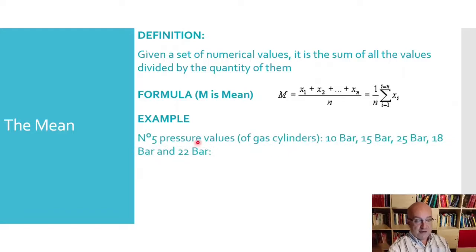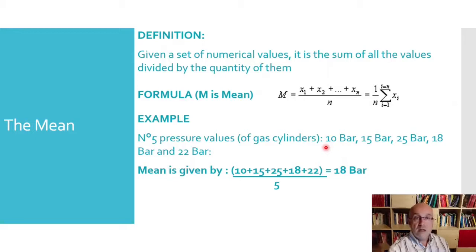So if I have 5 pressure values, for example, the values of pressure of gas cylinders, 10, 15, 25, 18, and 22 bars, the mean of these 5 values, which are called the values of a distribution, is given by the 5 values summed together, so 10 plus 15 plus 25 plus 18 plus 22, divided by the number of values, which is 5, and the mean is 18 bar.